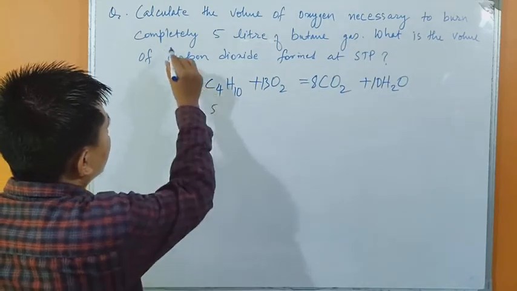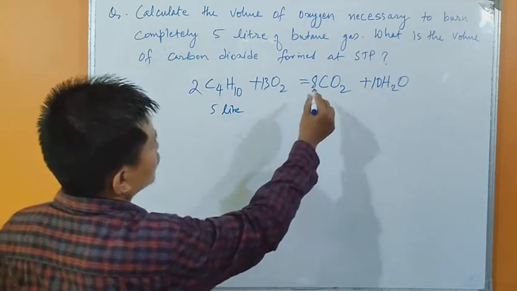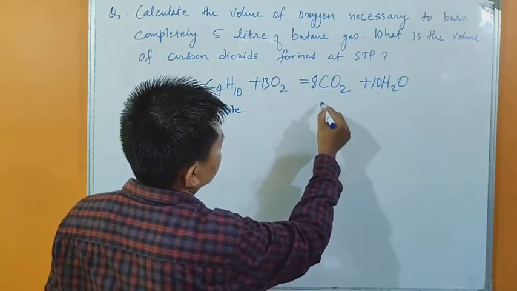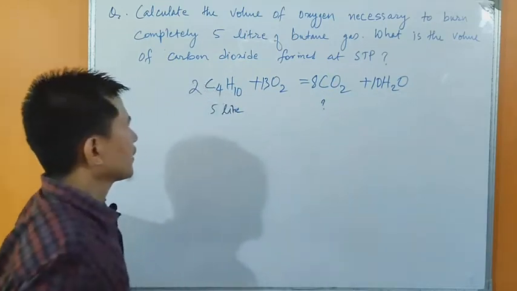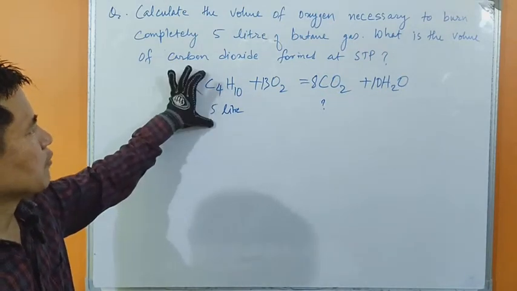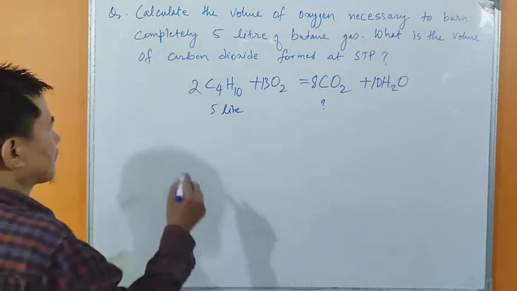Volume of butane is given, 5 liters, and we are asked to find the volume of carbon dioxide. And we have seen the number of moles of butane. Let us find it again.